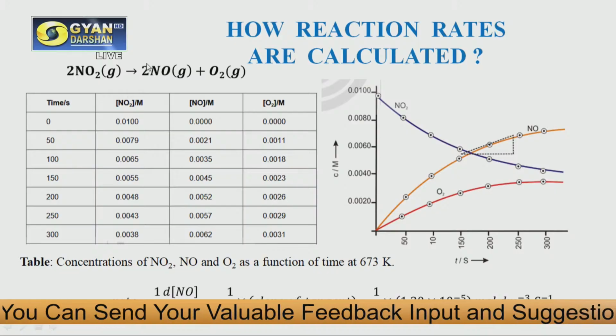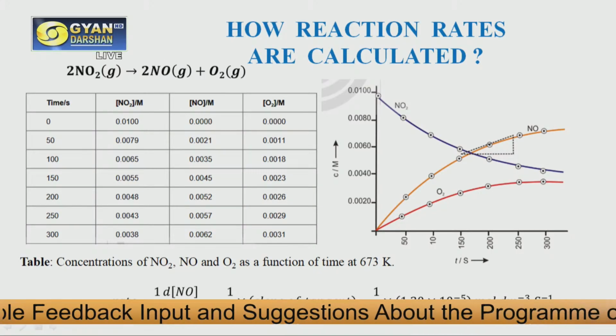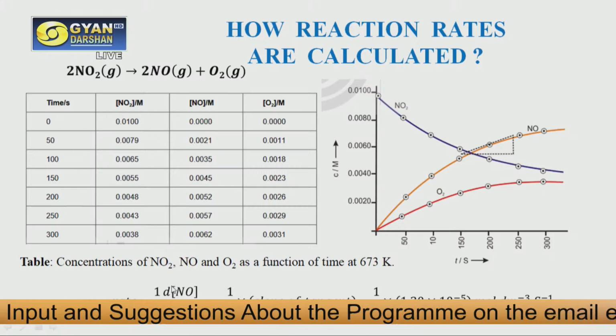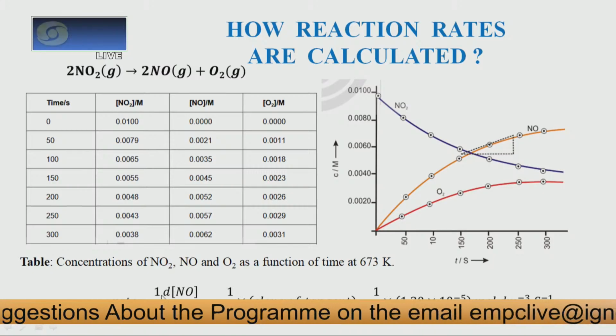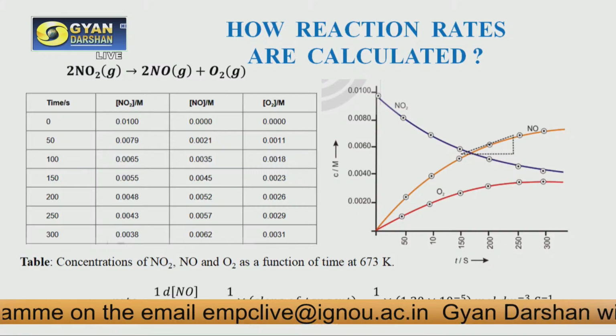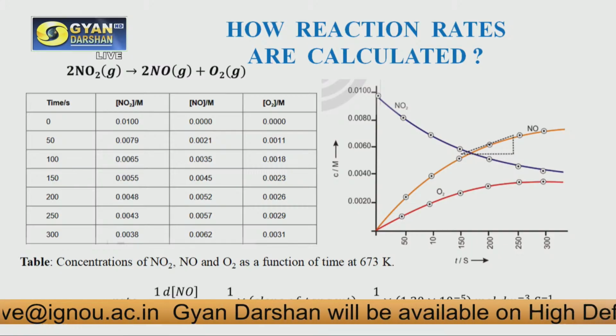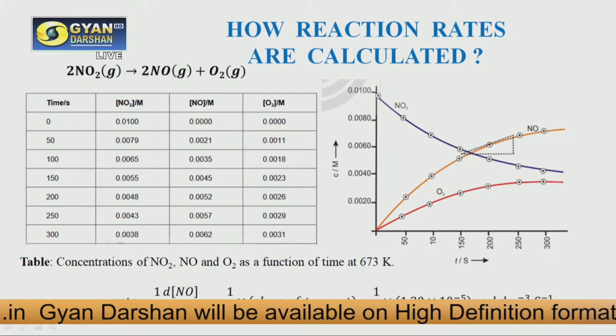So here the rate is simply defined, if we write in terms of NO, the product, then simply 1 by 2, a negative sign is not needed here because we calculated the rate in terms of the product, d of concentration of nitric oxide divided by dt, which gives 1 by 2 into the slope of the tangent.